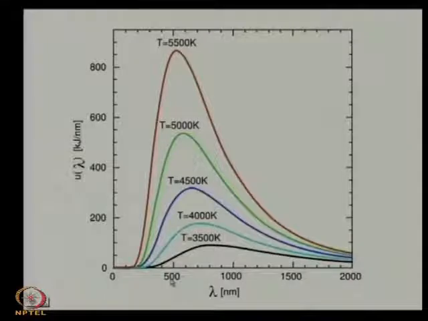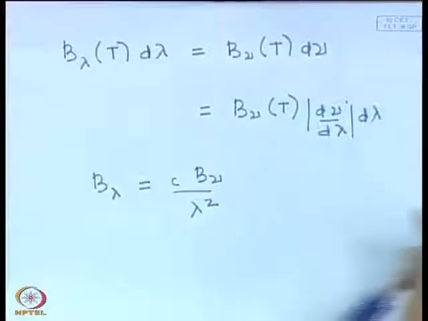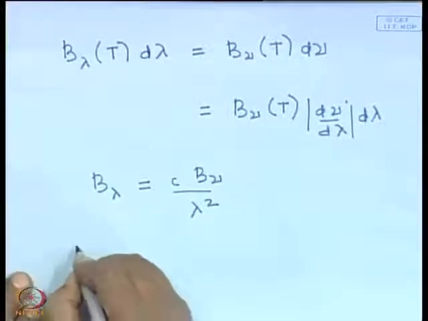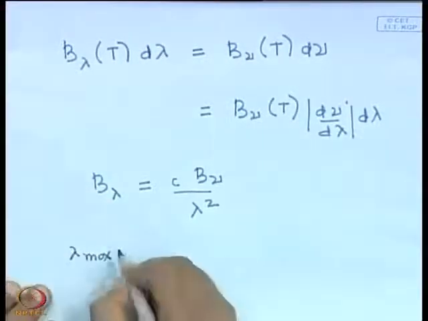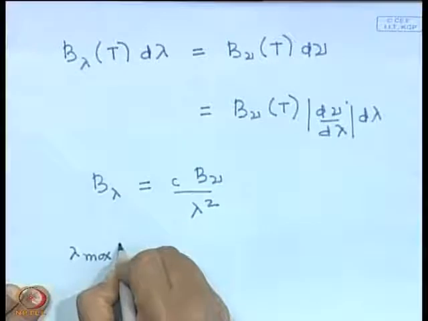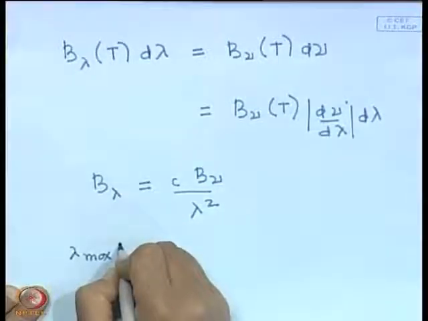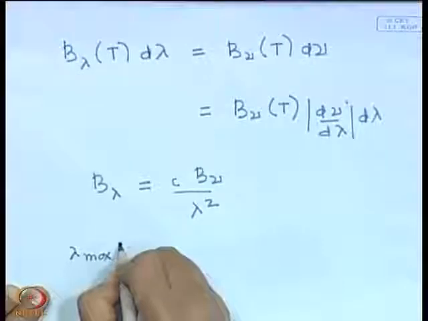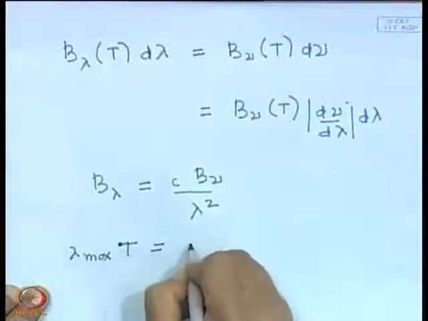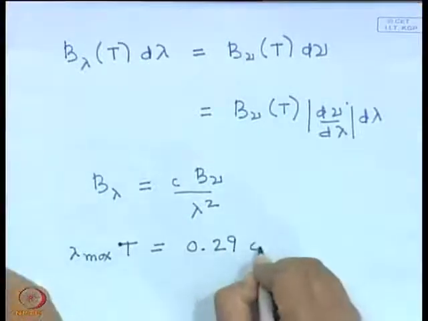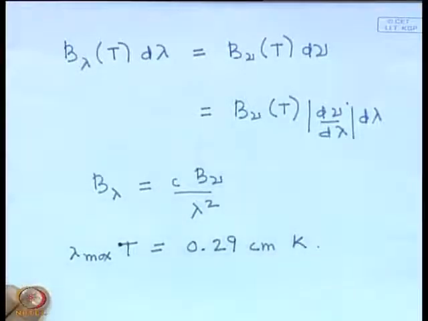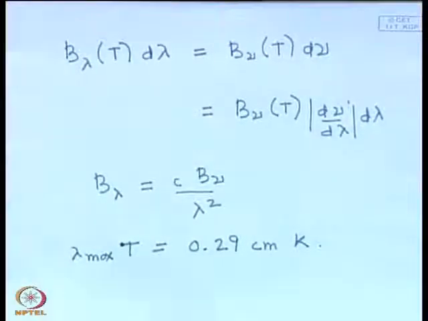So, you can differentiate this also with respect to lambda and set it equal to 0, and then you will get a relation that lambda max, that is the wavelength where B lambda is a maximum, times the temperature T, is equal to 0.29 centimeter Kelvin.